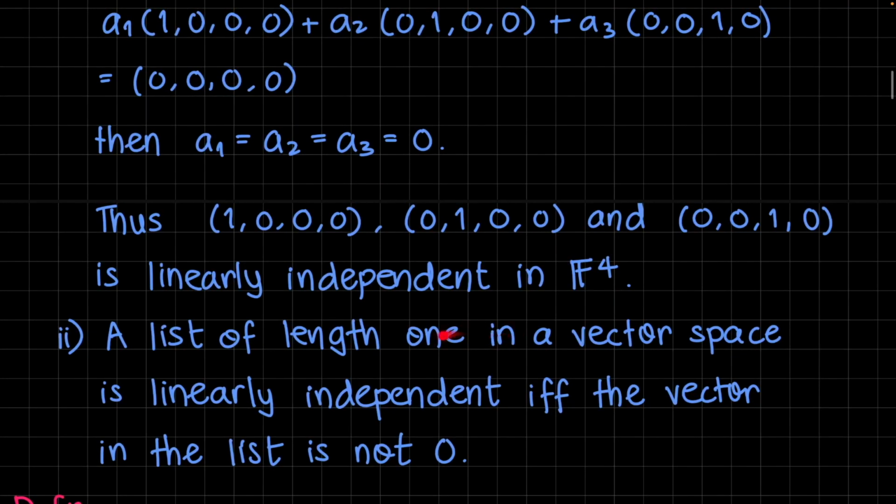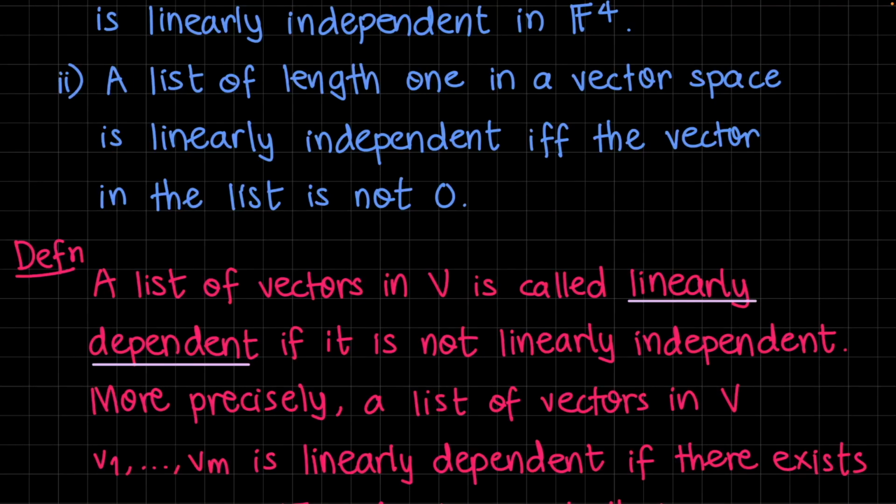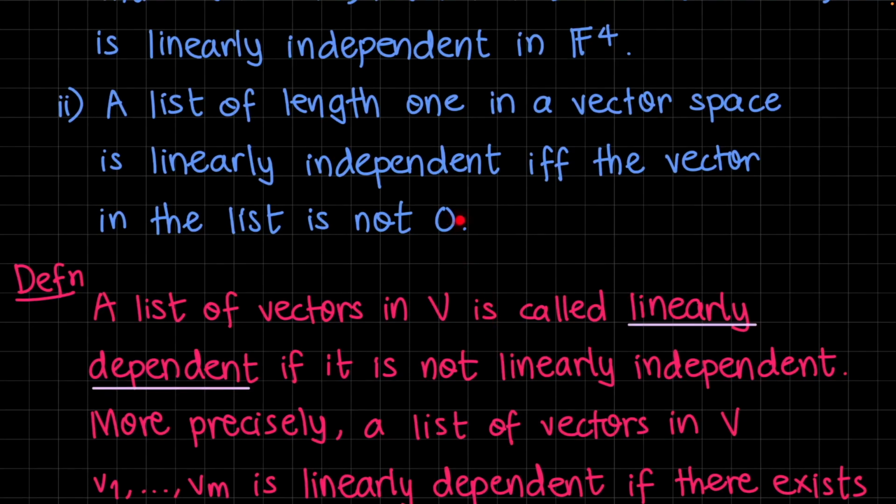And I guess a more trivial example is a list of length 1, which means it has only one vector in a vector space. It is linearly independent if and only if the vector in the list is not 0. Because if that vector in the list is 0, then it's not linearly independent, because you can express the 0 element in many different ways.